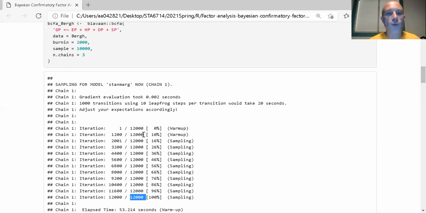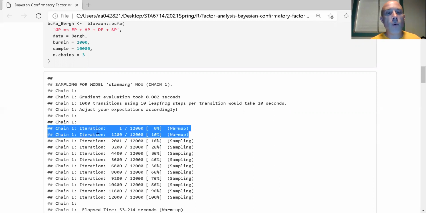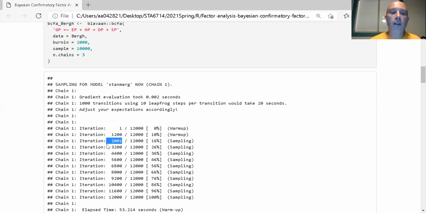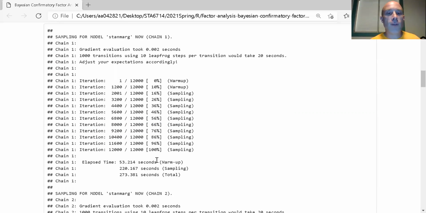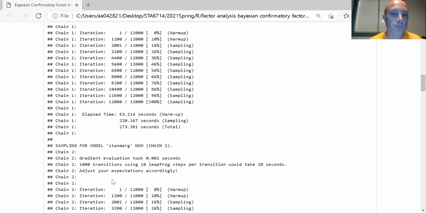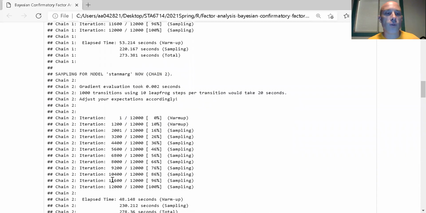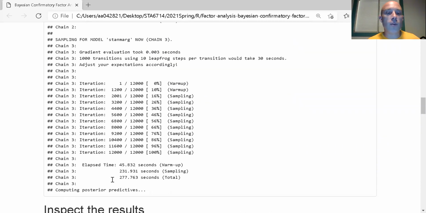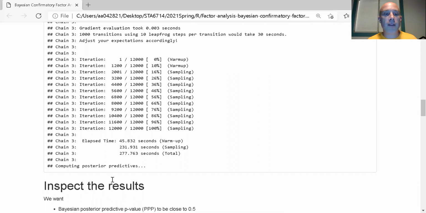And you'll notice that the first 2000 are warm-ups. And then when it reaches 2001, that's when it's actually kicking off to keep it. Now it gives us an indication of how long it takes. So you'll notice that was a good amount of time right there. I would not want to sit around waiting for that, so I didn't. It does the same thing for chain 2 and chain 3. So now we've got a good amount of data.